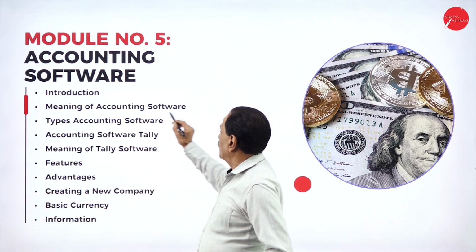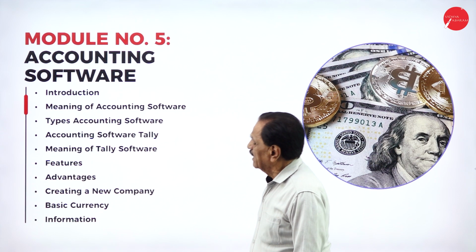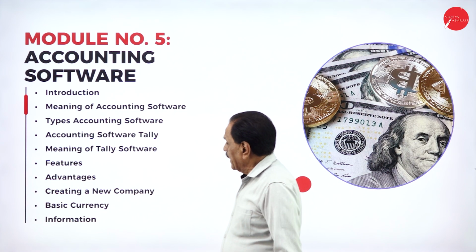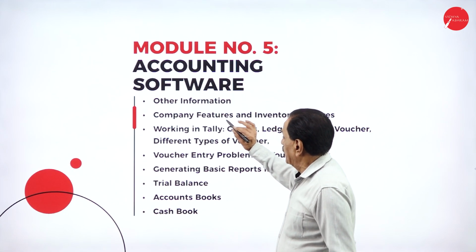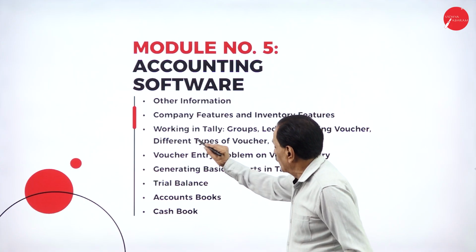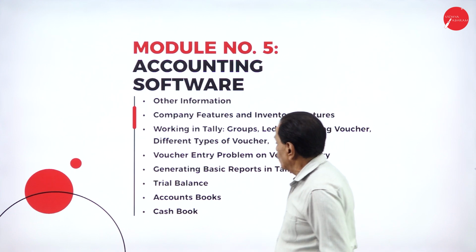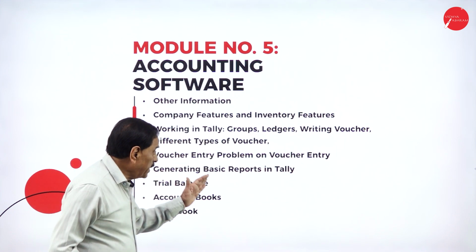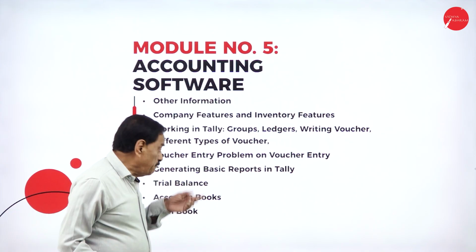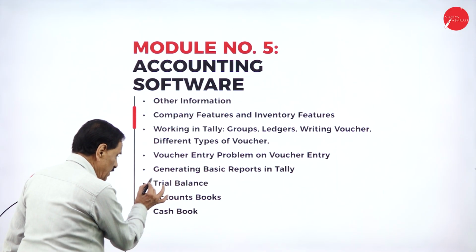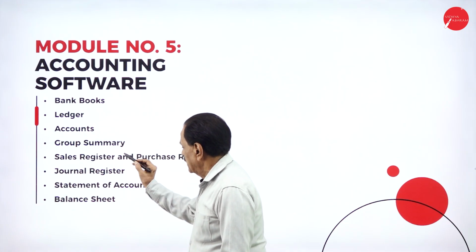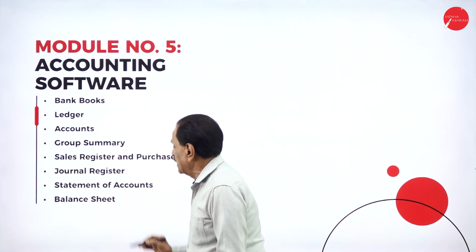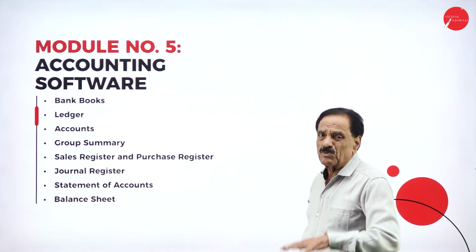Introduction, meaning of accounting software, types of accounting software, Tally, meaning of Tally software, features, advantages, creating the new company, basic currency information, other information, company features and inventory feature, working in Tally, groups, ledger, writing voucher, different types of voucher entry, problems on voucher entry, generating basic reports in Tally: trial balance, accounts book, cash book, bank books, ledger accounts, group summary, sales register, purchase register, journal register, statement of accounts and balance. All these we learn in the software.